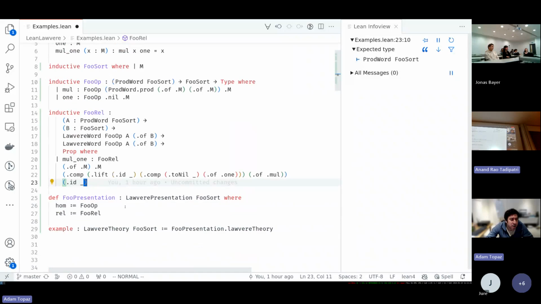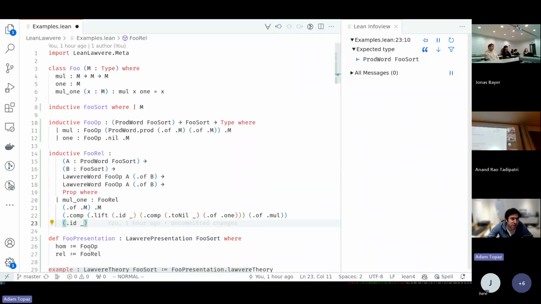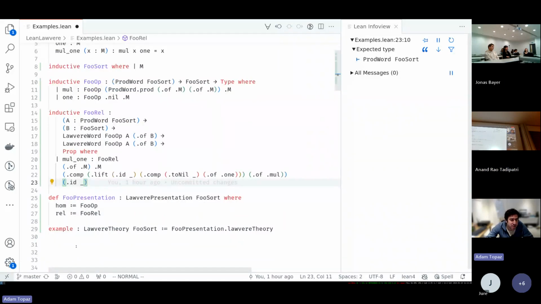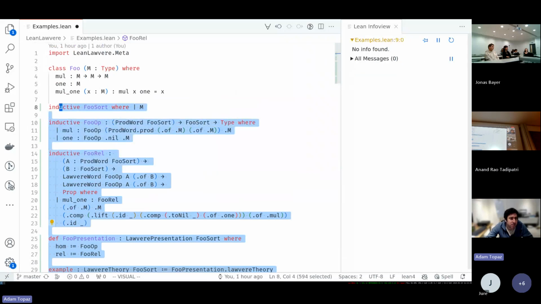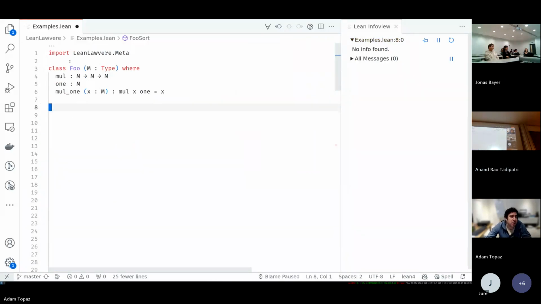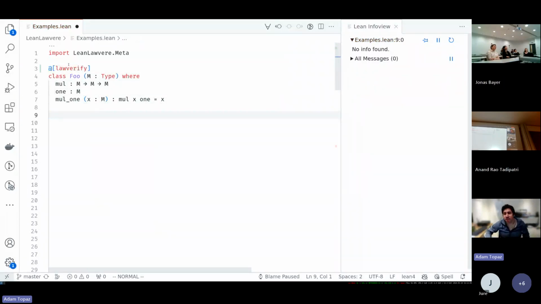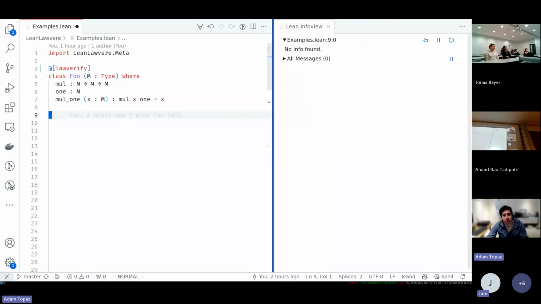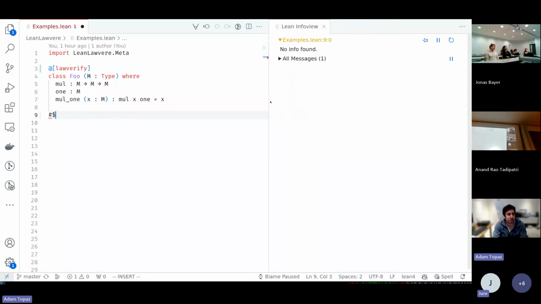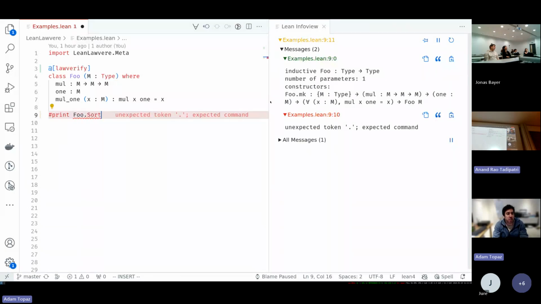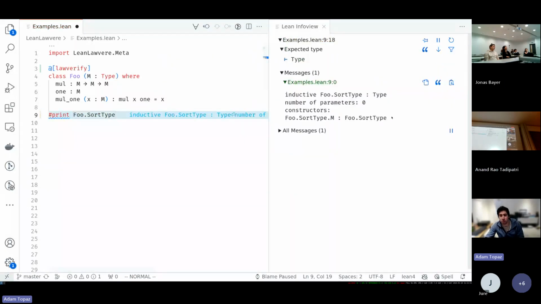So the metaprogramming aspect of this project essentially is that you don't need to do any of this. All you need to do is use a certain attribute that I call the verify, which constructs all of these objects for you. So for example, it constructs a foo.sort type, which is an inductive type with a single constructor.